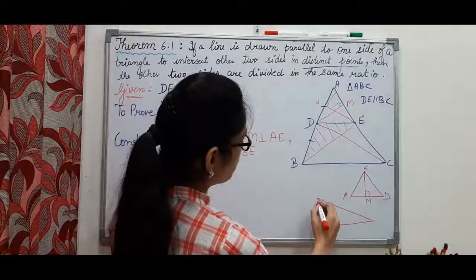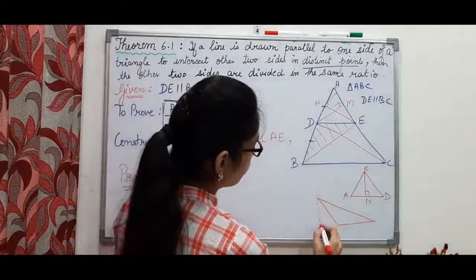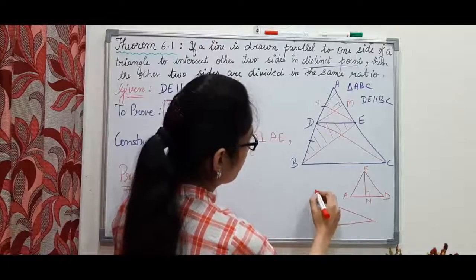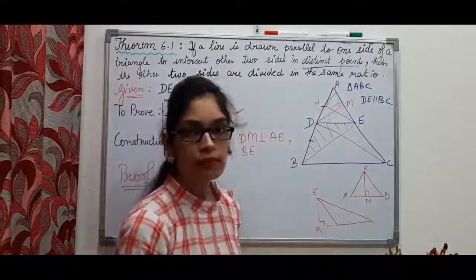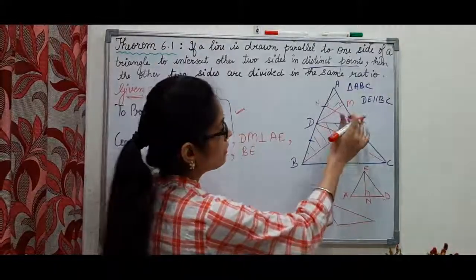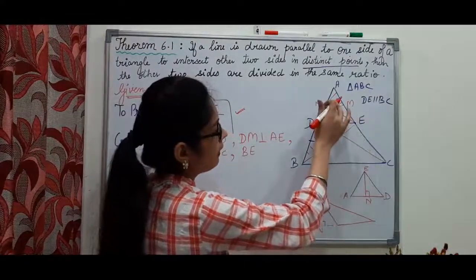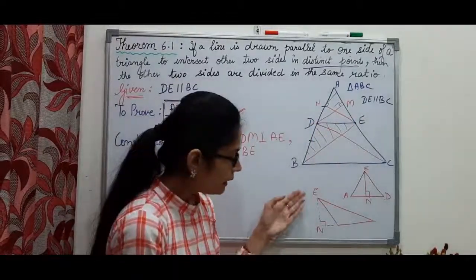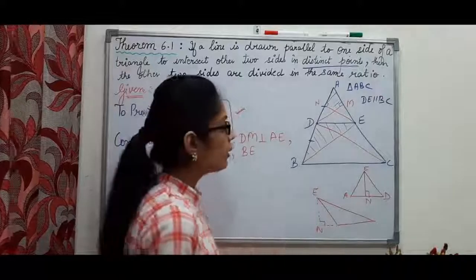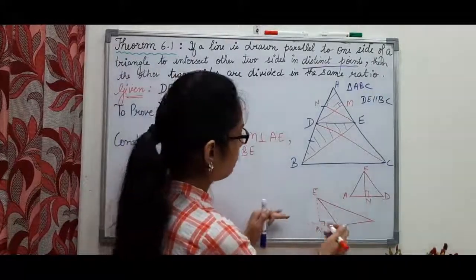So here also, if you see, for this triangle also, its altitude is EN. It's just outside, but a straight line is always the altitude of a triangle. If you see this triangle, this is a straight line, but anyhow it's outside, but still EN is the altitude of this triangle. So I'll name it now EN.